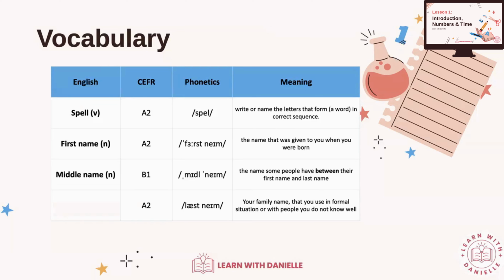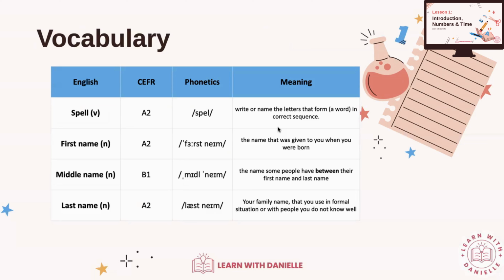For example, we have Lucas John Smith. So here, John is the middle name. And the last vocab is last name. Your last name is your family name. We usually use it for formal situations or when talking to people we don't know very well. For example, my last name is Smith.